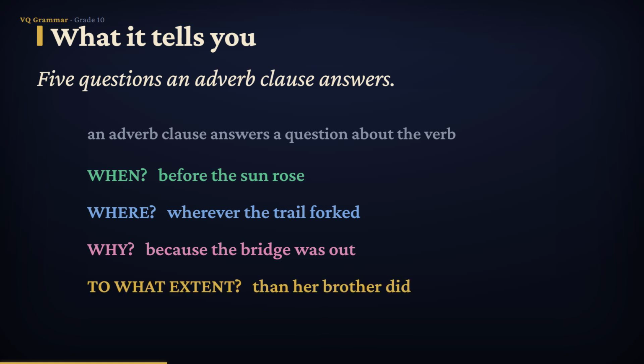Then her brother did. And under what condition? Unless the ice melts. Five questions in all. When, where, why, to what extent, and under what condition. If a clause answers one of those, it is pulling adverb duty, and you can name it with confidence.